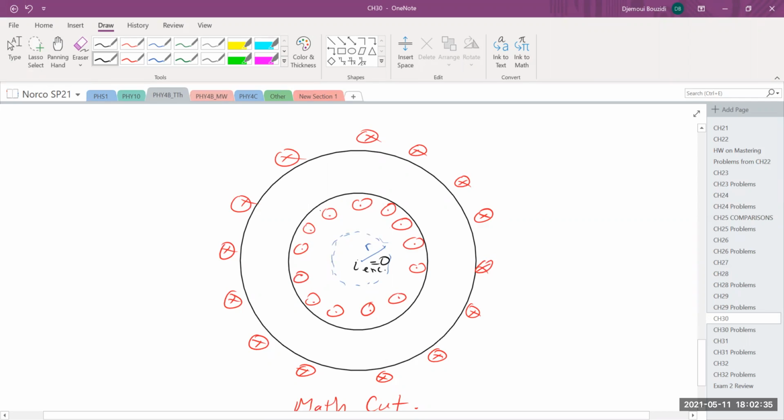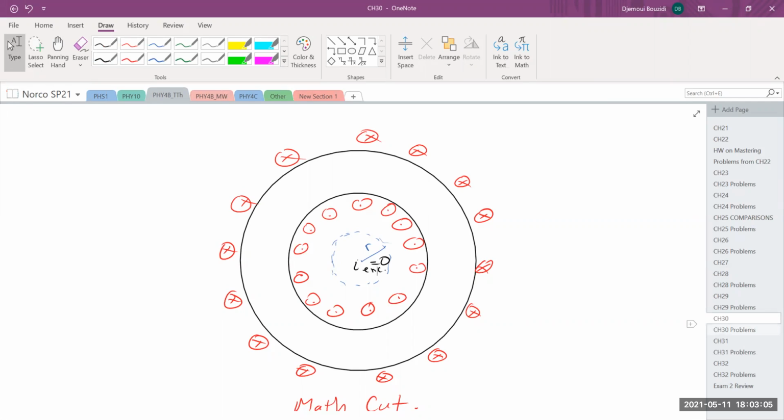Because the current's enclosed in here, and we are in radius less. Can you see that the current enclosed now is 0? Everybody else? Good. Come on, guys.